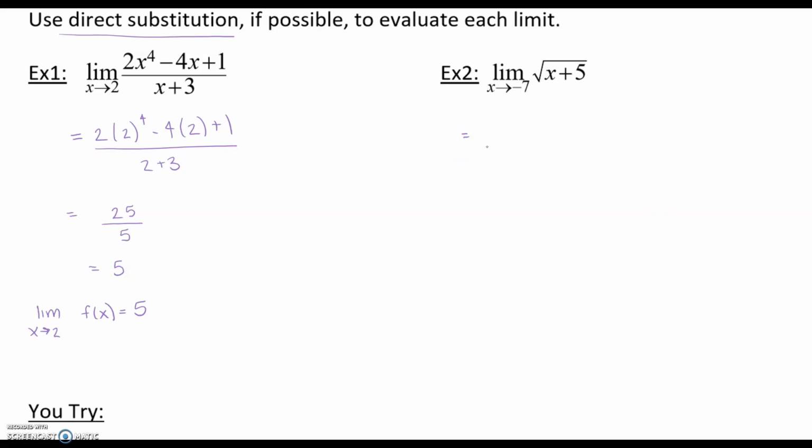Okay, so example 2, same idea. Use direct substitution. -7 plus 5 is -2. And hopefully you're like, wait, that's not possible. And you're right, because it's square root of -2, so this is not possible.